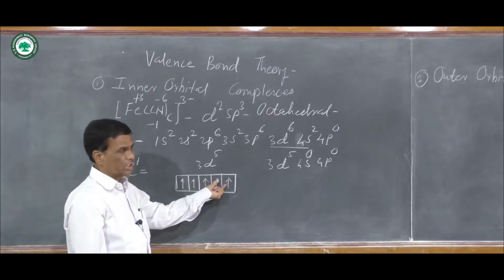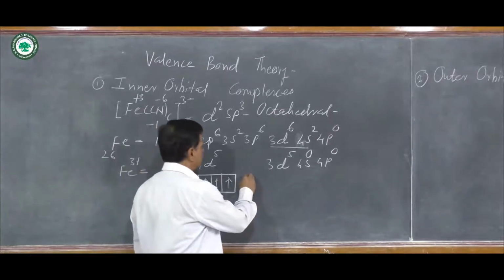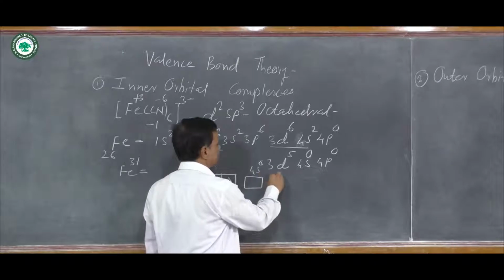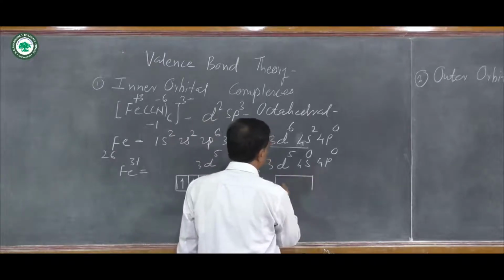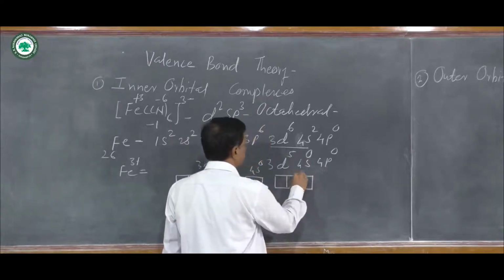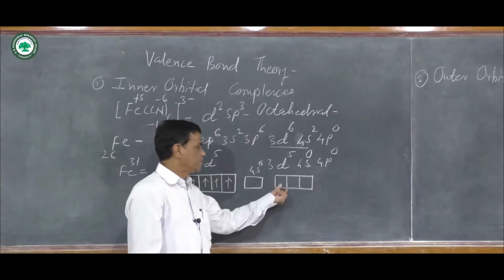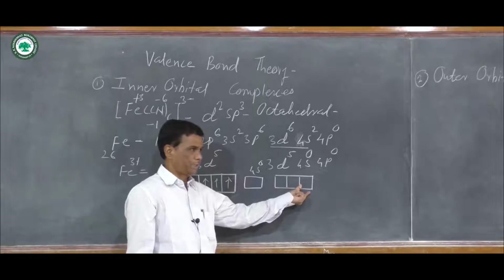All electrons are unpaired. Then in 4s there are 0 electrons, and in 4p, you know that 4p orbitals are divided into 3 orbitals, px, py and pz.